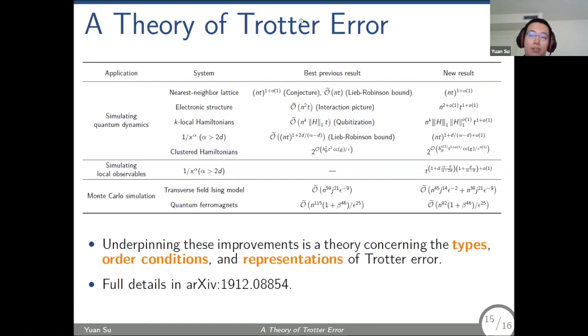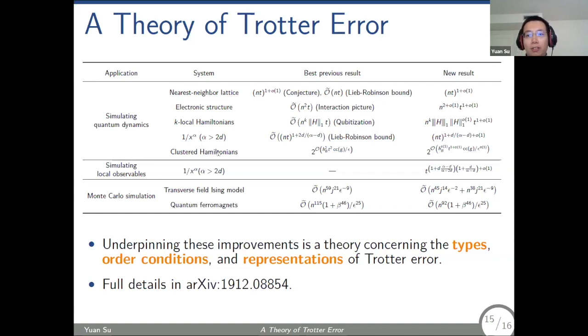Specifically, the simulation of nearest neighbor lattice systems, justifying the previous Jordan-Preskill claim; the simulation of electronic structure Hamiltonians, nearly matching the interaction picture algorithm; the simulation of general K-local Hamiltonians, outperforming the qubitization algorithm; and the simulation of rapidly decaying power law interactions, faster than the Lieb-Robinson-based approach. We have some improved results for simulating clustered Hamiltonians and quantum Monte Carlo simulations, and also some new results for simulating local observables.